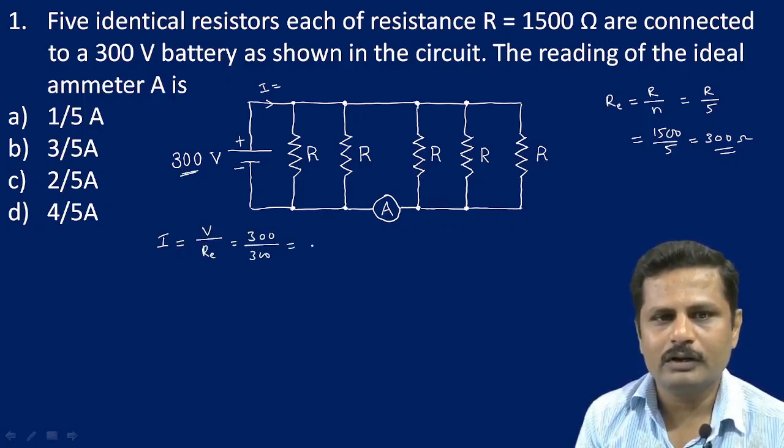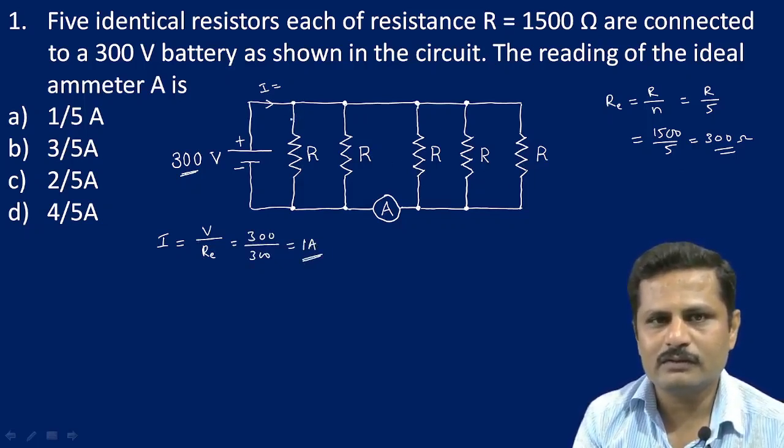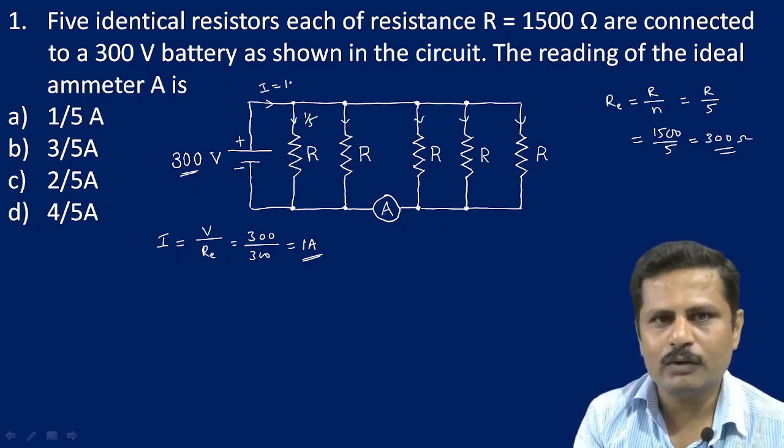So the total current in the circuit is 1 ampere. This 1 ampere current is distributed equally among all these resistances. So through each resistance, how much current will flow? That is 1 by 5, because I equals 1 ampere here.